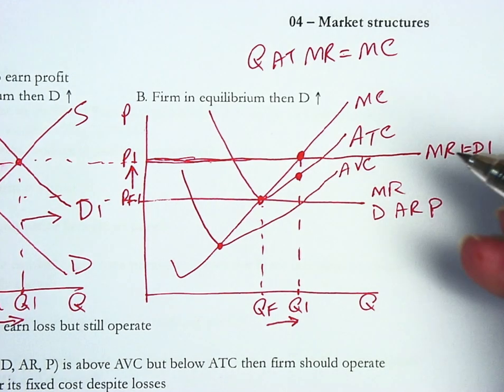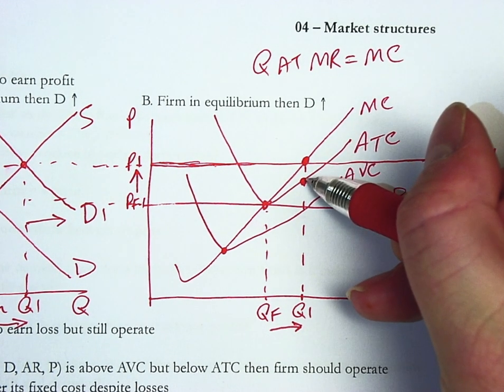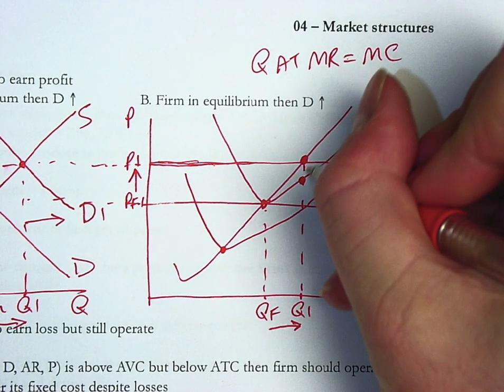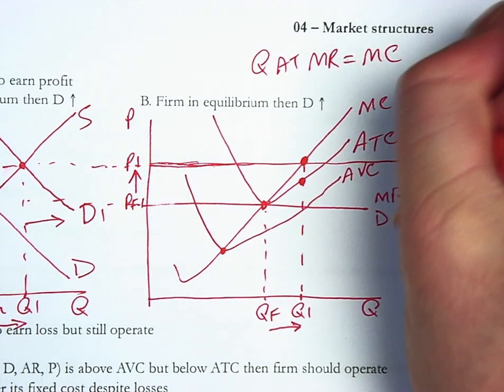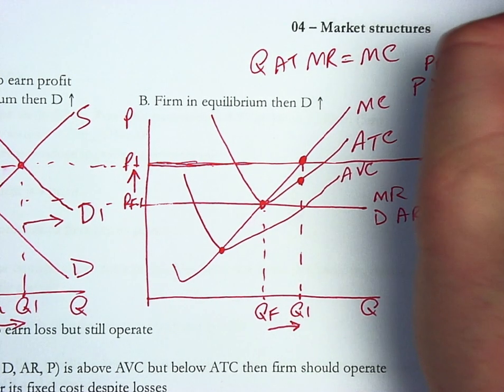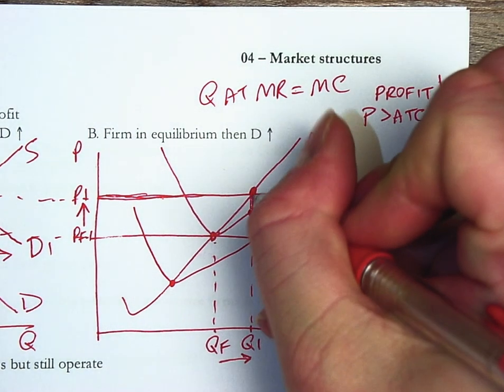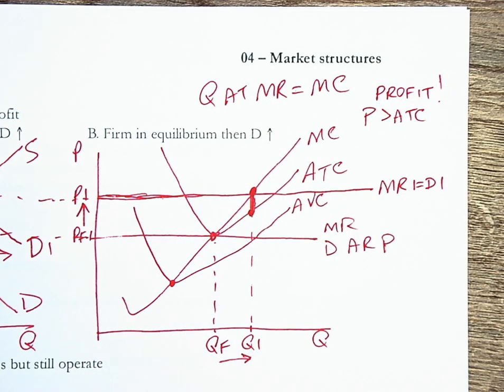You can see now that the marginal revenue is higher than the ATC. And so if we observe that, price greater than ATC, that means we have a profit. That means we have a profit. And the profit per unit is the vertical distance between those two.